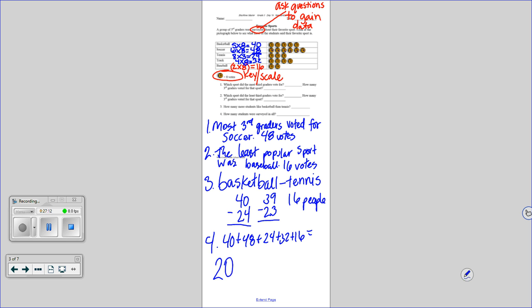20 soccer balls. What are each of those soccer balls worth? Ava? I have 20 groups of 8. You can solve 20 times 8, and that might actually be the easier equation to do. Remember, 20 is equal to 2 tens.